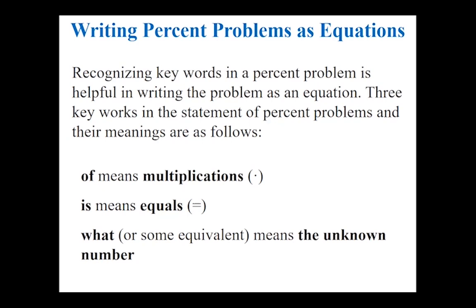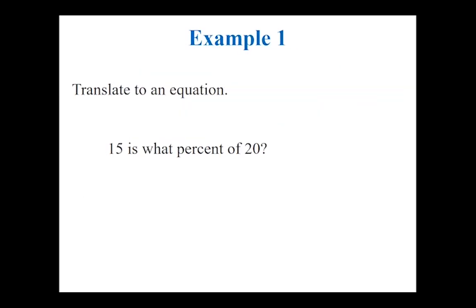So what does this mean? Let's look at an example. Translate to an equation: 15 is what percent of 20? Each of these gives us a different part of the equation. 15 is 15.